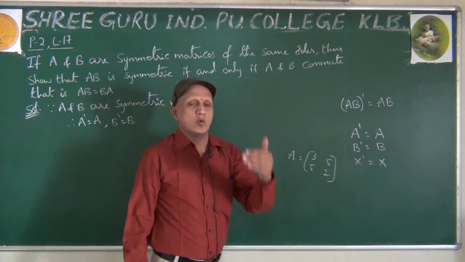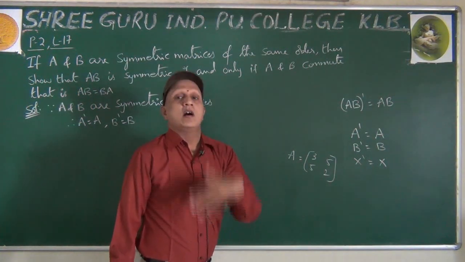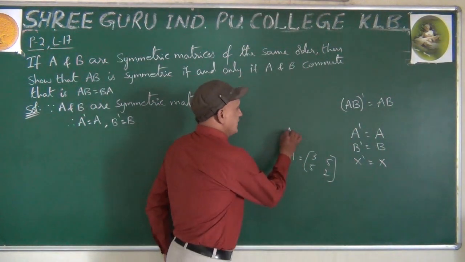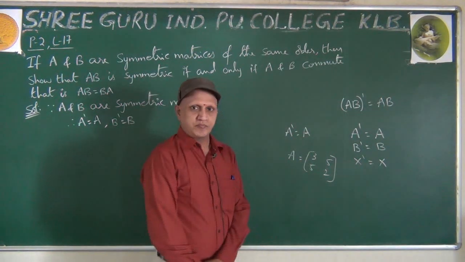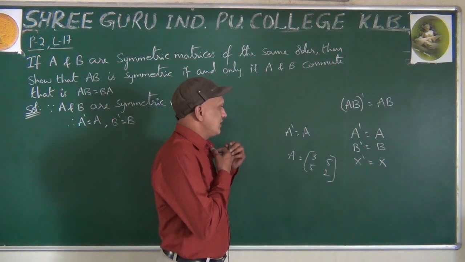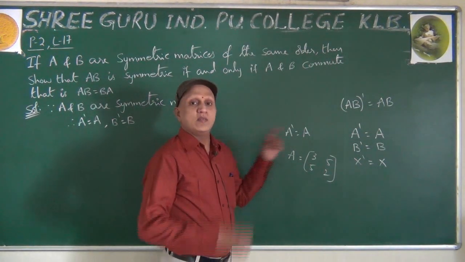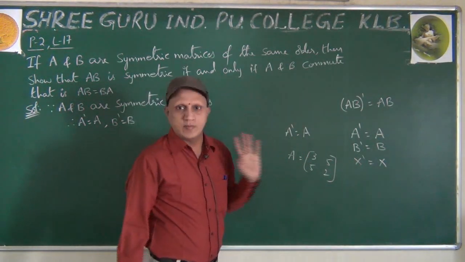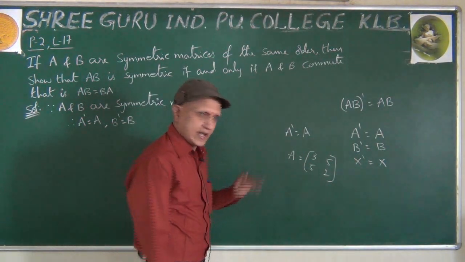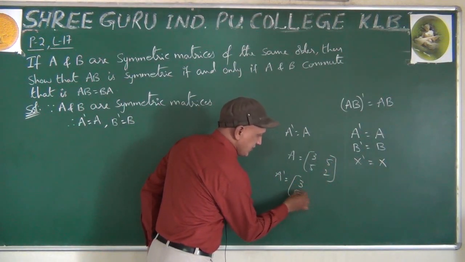Why do we have to find A dash? Because we are going to prove capital A is a symmetric matrix. How can we prove it? A dash equal to A. If A dash is equal to A, then we can say that A is a symmetric matrix. So we have to find A dash. First row becomes the first column.